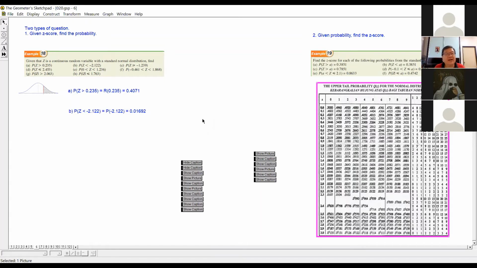So can you get the answer or not? Take out your calculator and type. Yes, get 0.016919. Can others can? Sherwin, can you use the calculator to find 0.01692?